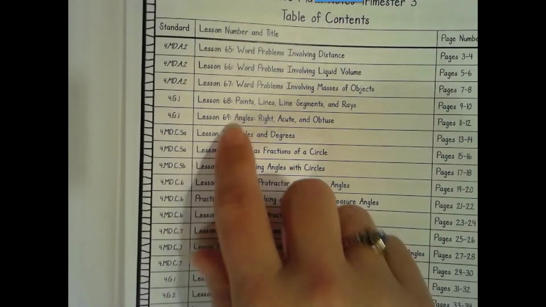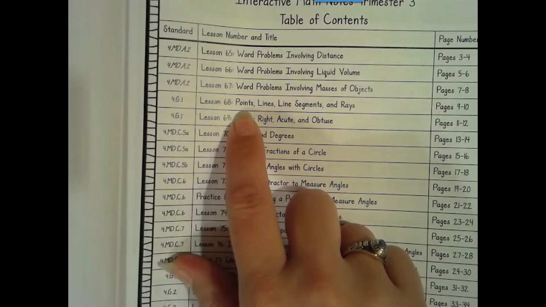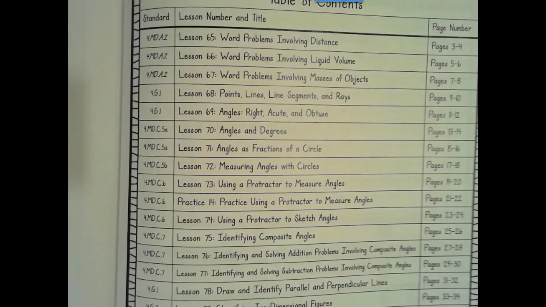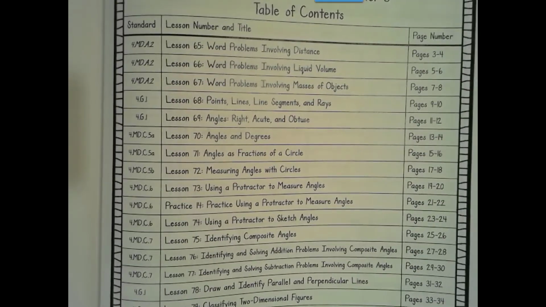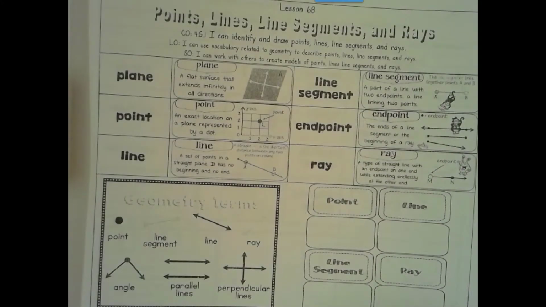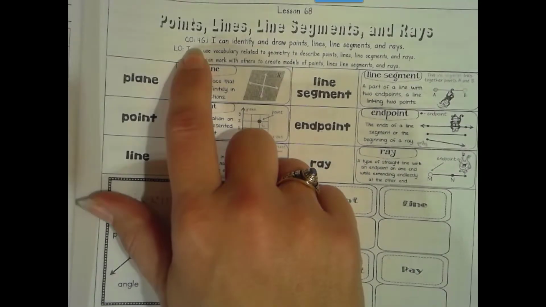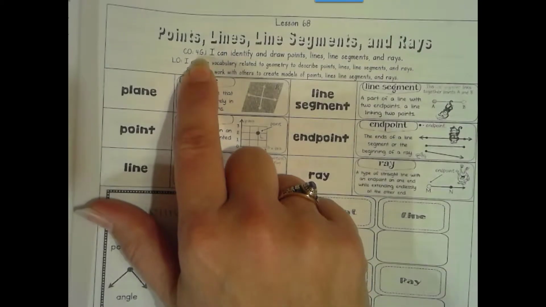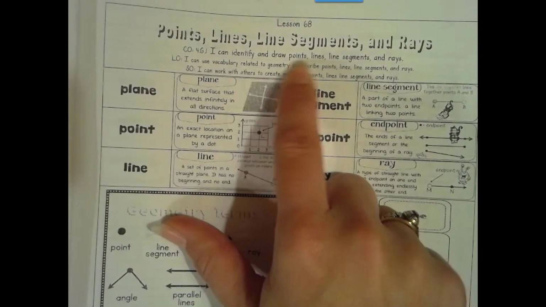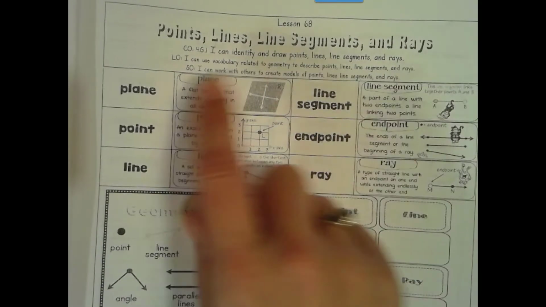All right, so we are looking at Lesson 68, Points, Lines, Line Segments, and Rays, pages 9 and 10. Okay, so our content objective for 4th grade geometry 1: I can identify and draw points, lines, line segments, and rays.